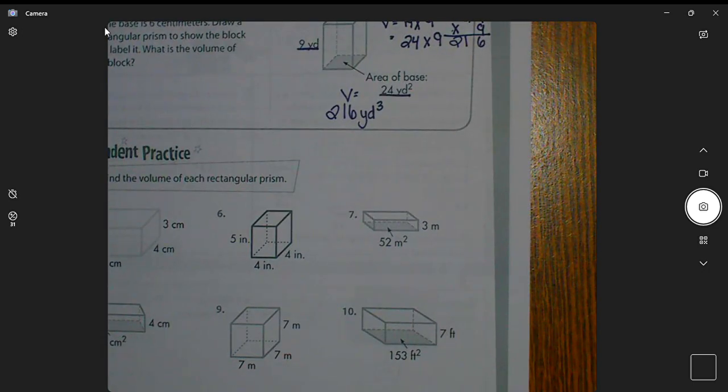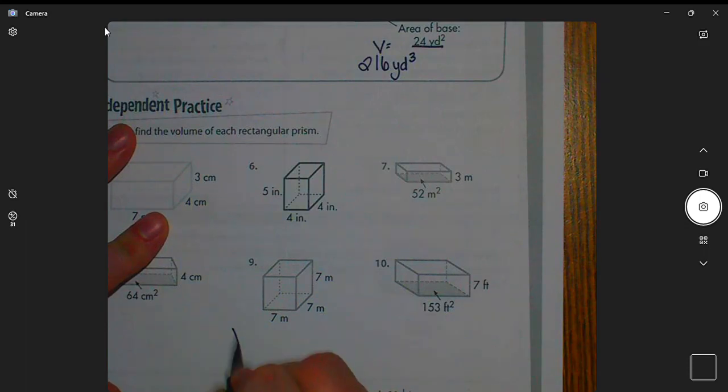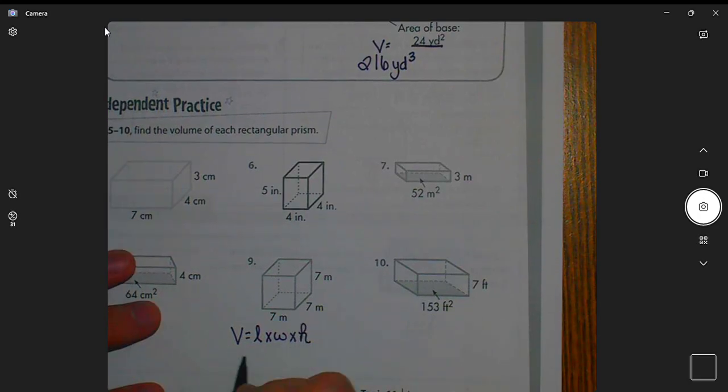Let's look at number 9. Volume equals length times width times height. So it equals 7 times 7 times 7.